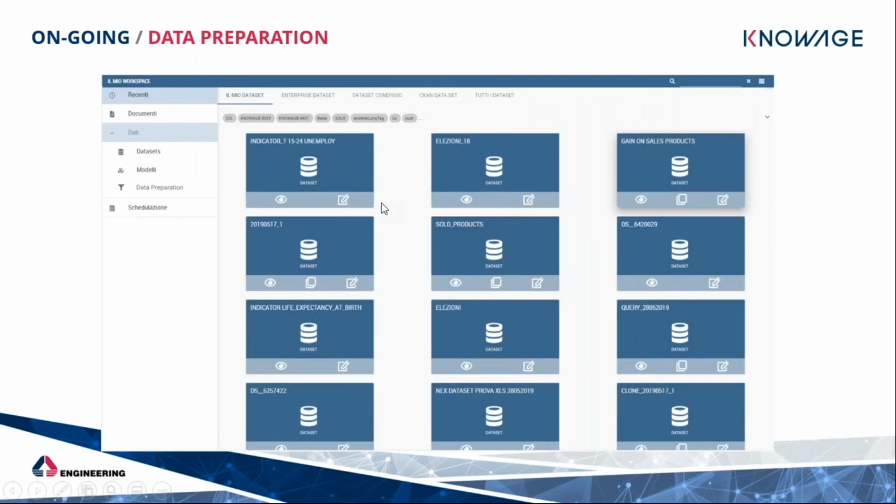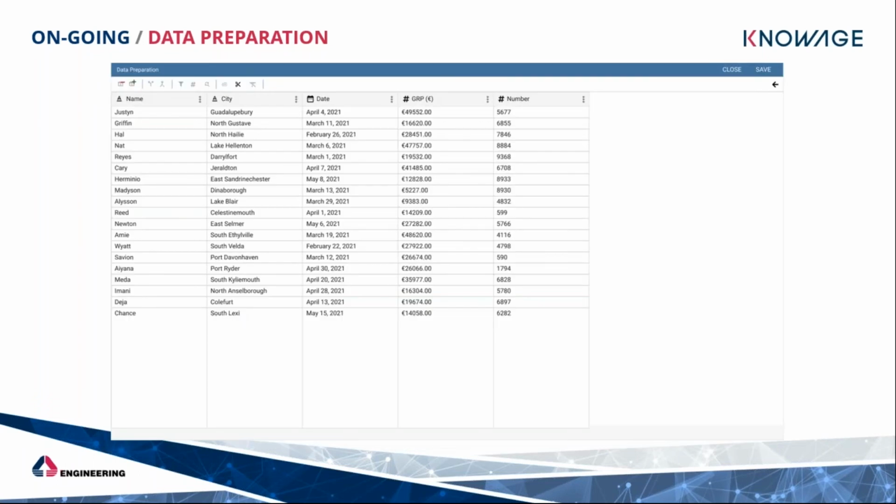So to show you what it means, from his private workspace, every authorized user will be able to handle datasets and transform them as he needs. Selecting a dataset, he immediately has a data preview and can see the result of his operation at once. Oh, sorry for the Italian label here.